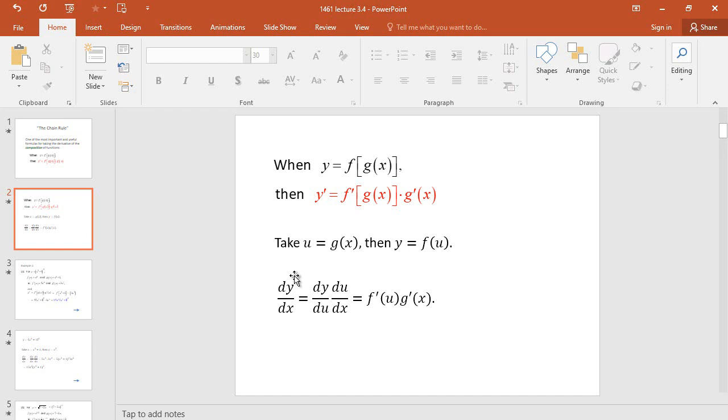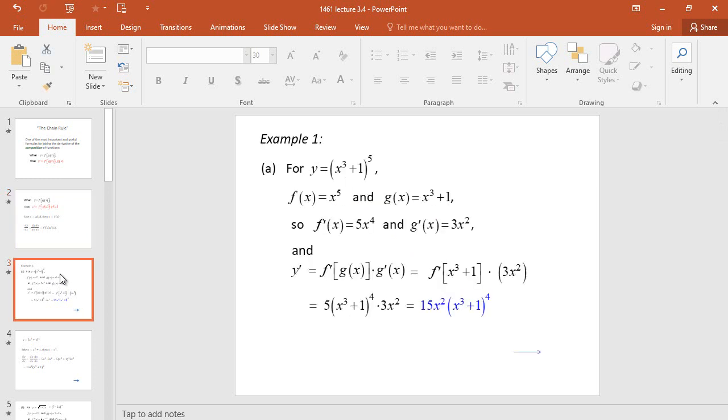So the derivative of y with respect to x is equal to the derivative of y with respect to u multiplied by the derivative of u with respect to x. Here we took u to be the inside, and then y became f of u, and we're going to do that in some of the examples.